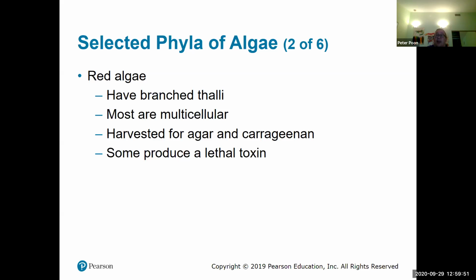These guys produce a lethal toxin, but you probably won't eat that much of it if you go swimming in it. But the seafood filters a lot of food, so the concentration in the mussel or clam that you'll eat is going to be much higher than in the water.